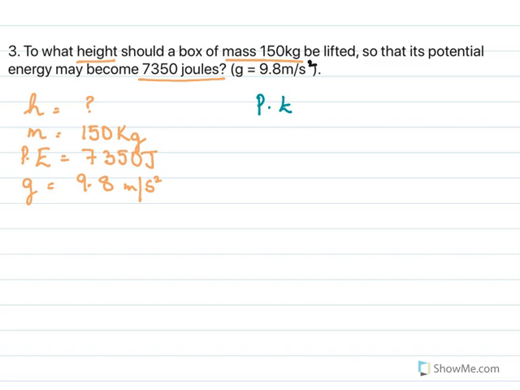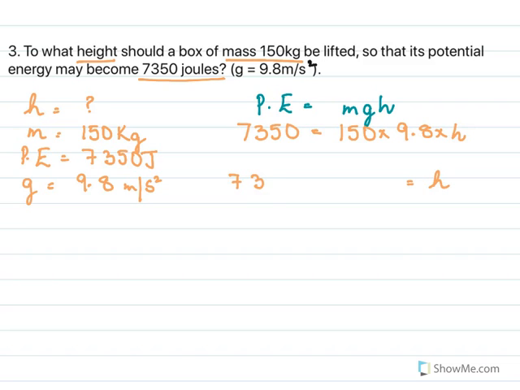We know the formula for potential energy is mgh. So the potential energy is given 7,350, the mass is given 150, your g is given 9.8, and this is h. So we need to find the h.